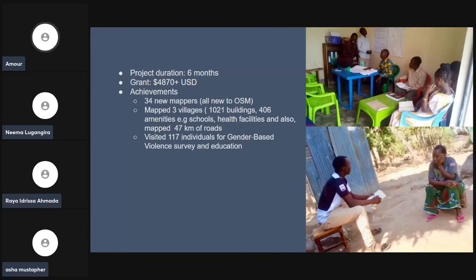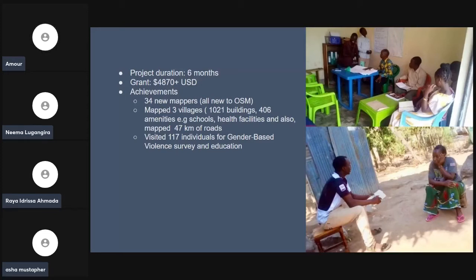And most of the people who have been visited by this organization are vulnerable to gender-based violence, and not only at the communal level, but also their leaders, like community leaders. Here in Tanzania, we have local leaders at the ward level who are called ward executive officers or chairpersons.